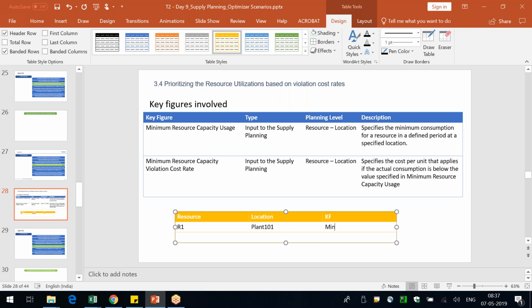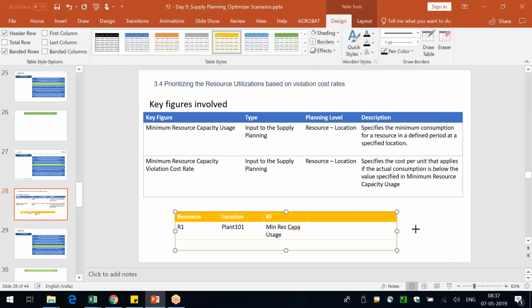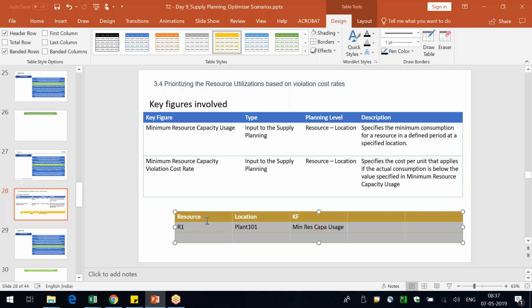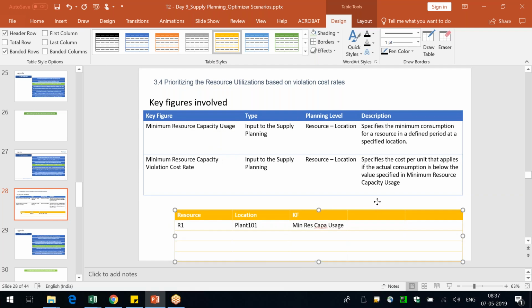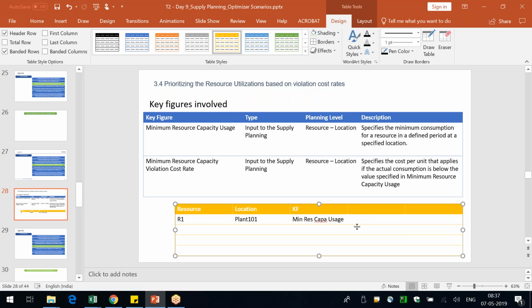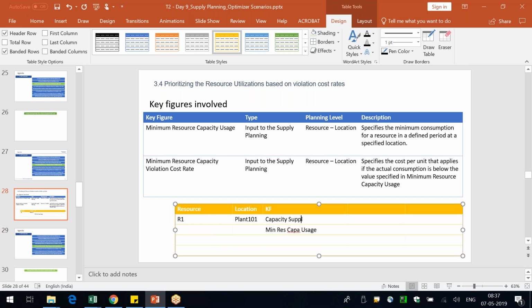so key figure, you say minimum resource capacity usage. Okay, the capacity supply on week 1 is 168 hours, 24 hours per day, 168 hours.